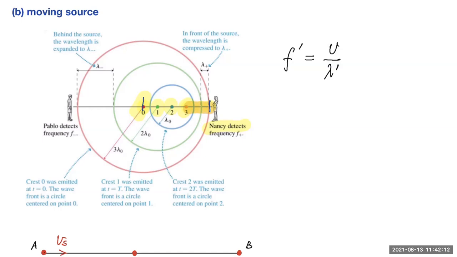So since lambda prime is shorter than the original lambda, F prime is going to be higher than F. F equals V over lambda is the frequency emitted, and F prime is the frequency registered by Nancy's ears. It is going to be higher than F because, again, lambda prime is shorter than lambda.